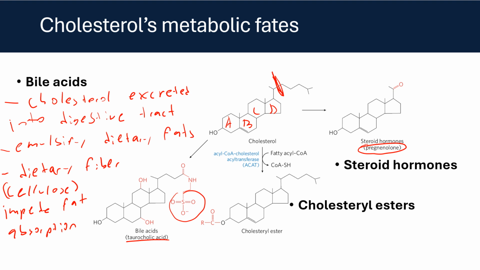And the steroid hormones, they're going to regulate physiology. They are going to do so many different things. You've got your sex hormones, you've got your stress hormones, you also have plenty of hormones that are involved with water retention. These are all going to be steroid derivatives.